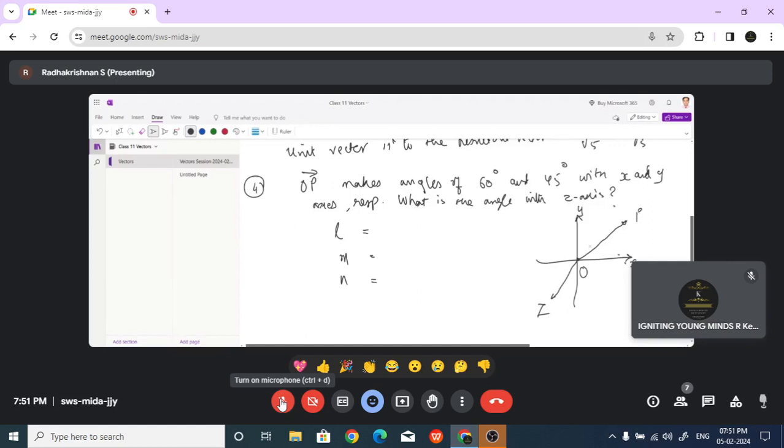This vector P can make angles with all three axes. It will make some angle with the x-axis, some angle with the y-axis, some angle with the z-axis. So what is the direction cosine?